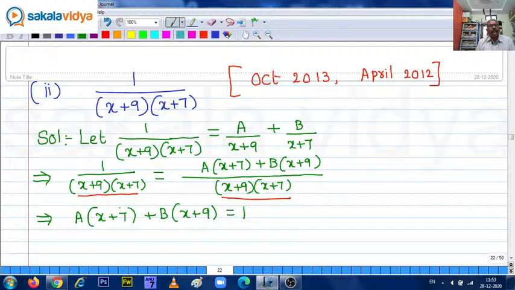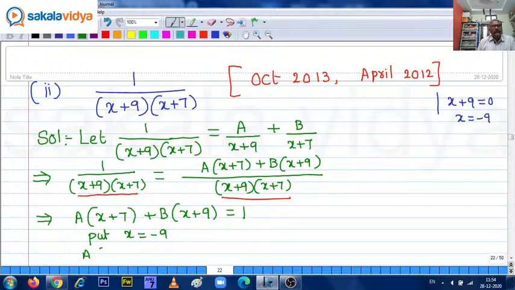Now what shall we do now? We need to suppress x plus 9. Suppressing x plus 9 means x plus 9 is equated to 0. So we get x is equal to minus 9, or the 0 of the polynomial x plus 9. Verification, if you go back, that will become the verification. So now put x is equal to negative 9.